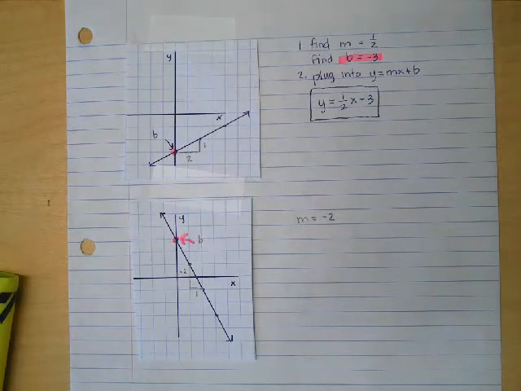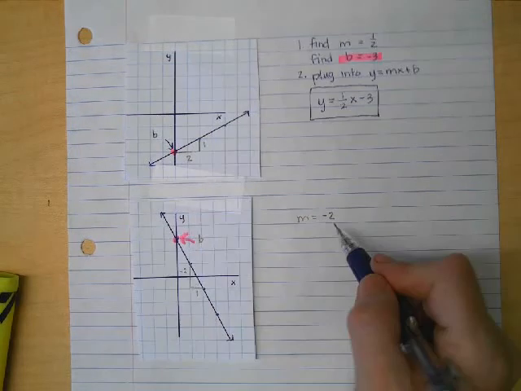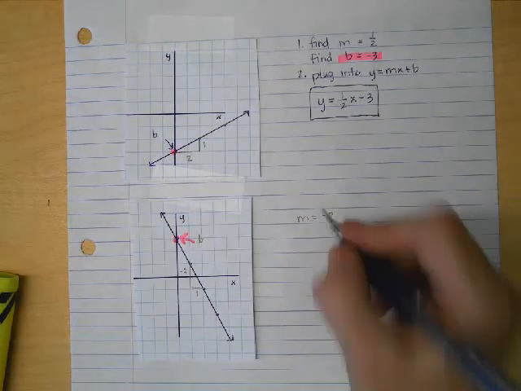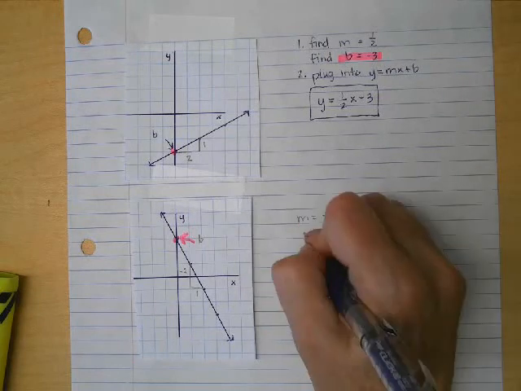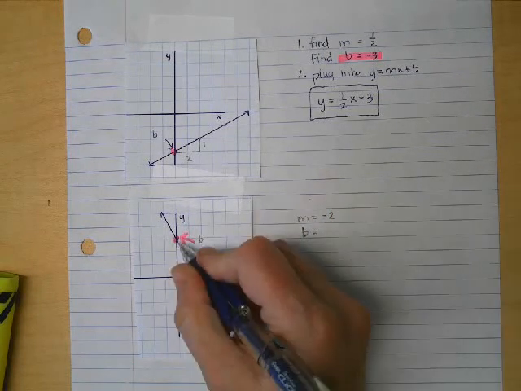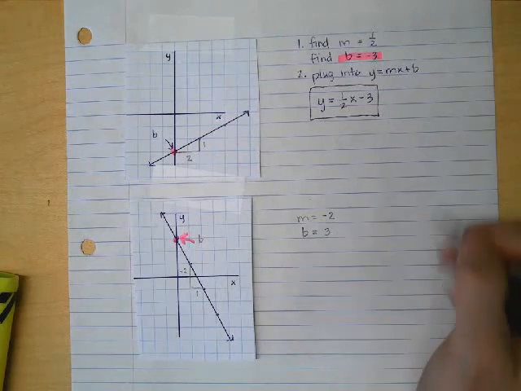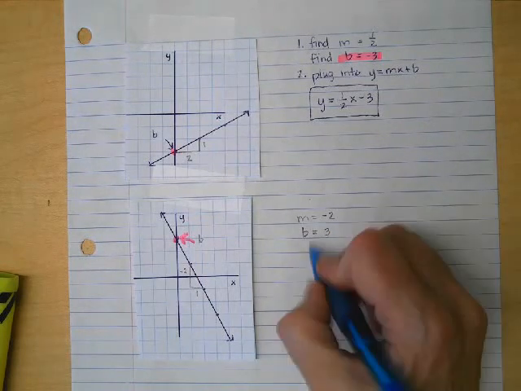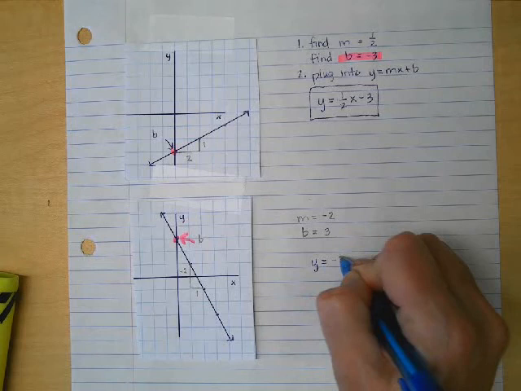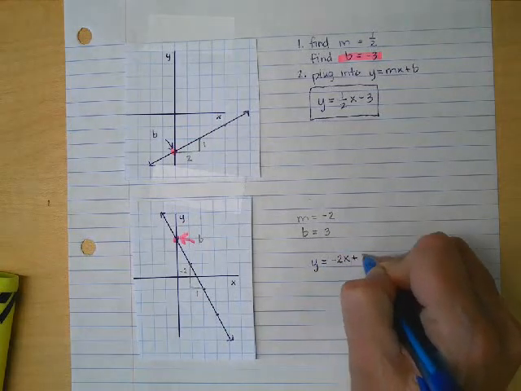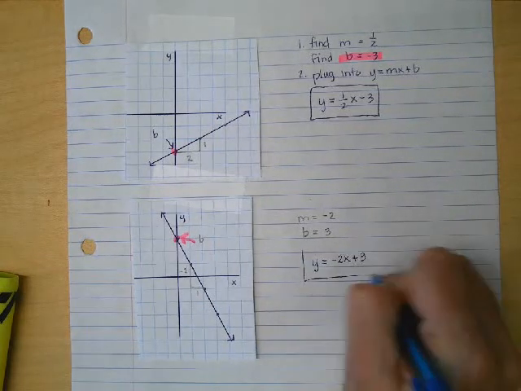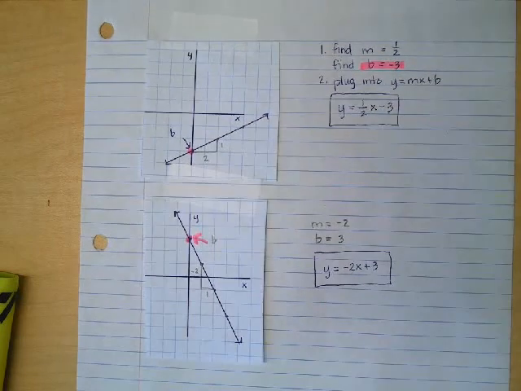If I were graphing, I would want that 1 on the bottom, but that's the slope. The y-intercept is up here at +3. So I'm going to get y equals mx plus b, and that's it. Writing an equation of a line, pretty simple stuff.